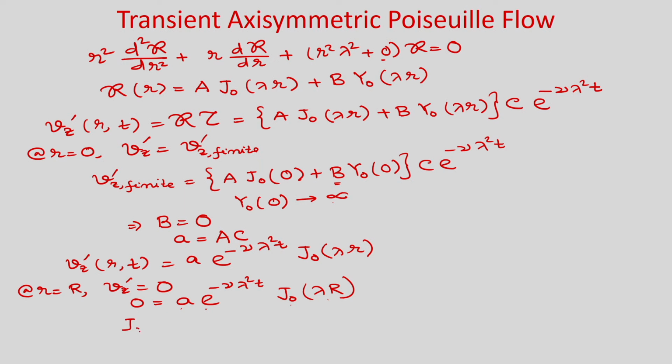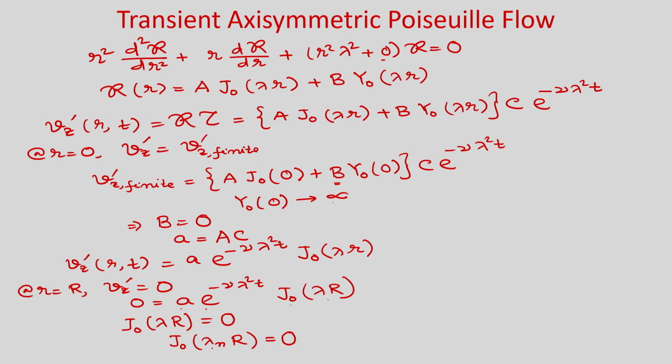Now, if you remember, we have seen the solution is periodic, and at different values of lambda R, J0 becomes 0. So, for different values of lambda you will get J0 lambda R as 0. So, we can write that J0 for different values of lambda n you will get this as 0.